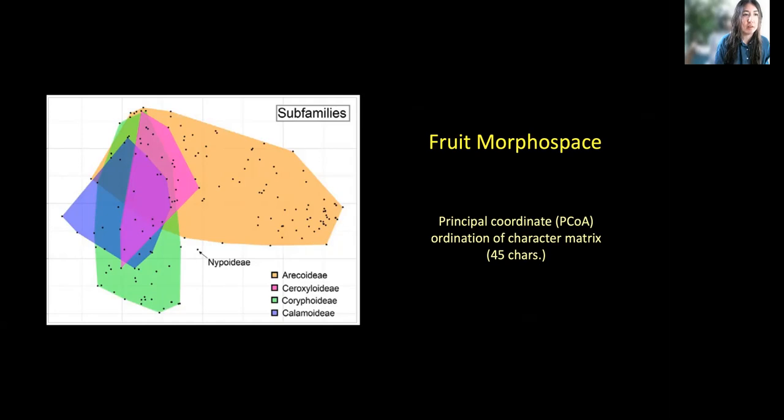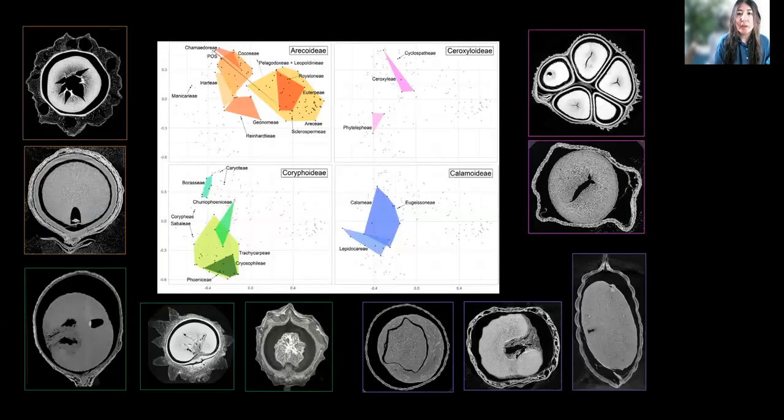It occupies a unique region of morphospace, although part of this is in that region of overlap. When we look at the tribe level, we see that tribes within subfamilies tend to show less overlap with one another. And sort of as expected, closely related tribes tend to be closer to one another in the morphospace or overlapping, such as Ericoideae and Euterpeae here, which is inside of it.